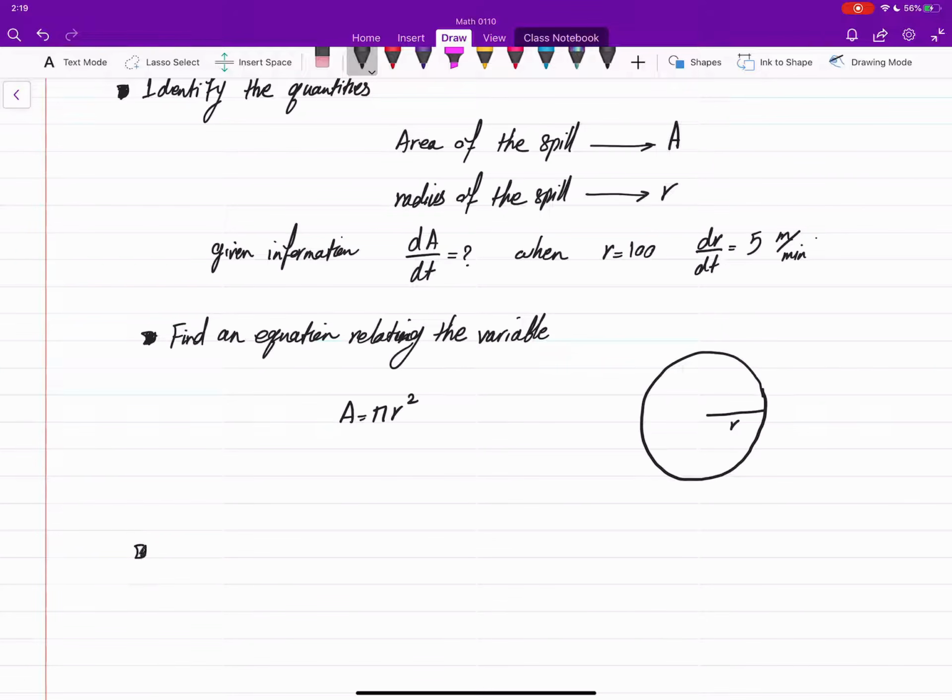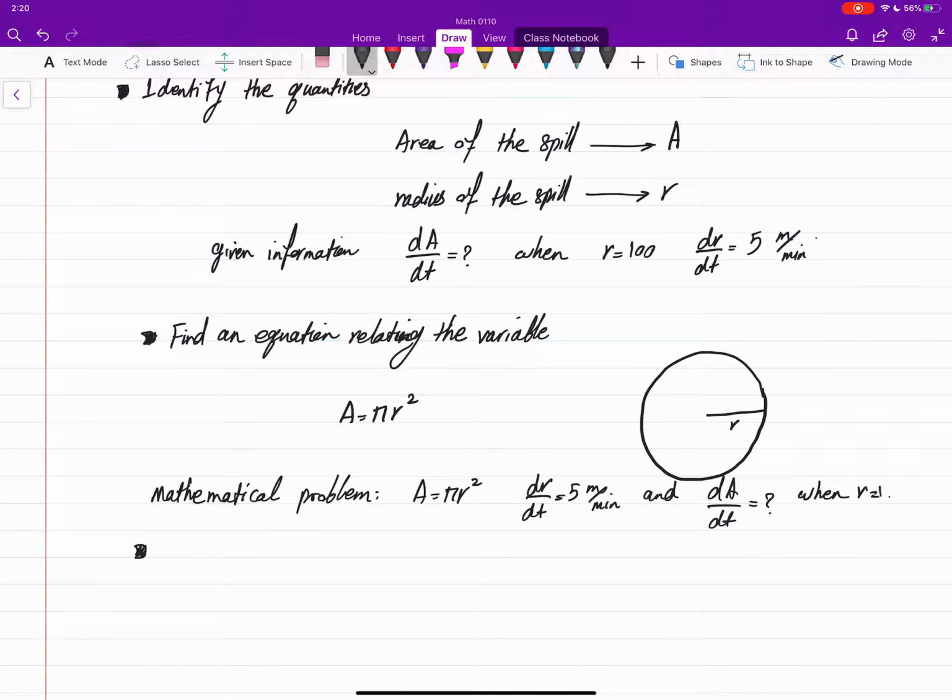Here the mathematical problem is now ready to be solved. The mathematical problem is: we have A equals pi r squared, an equation for A and r, and we know that dr/dt is 5 meters per minute, and we are looking for the rate of change of the area when r is 100.